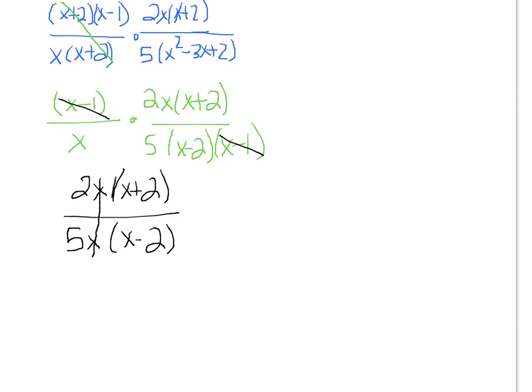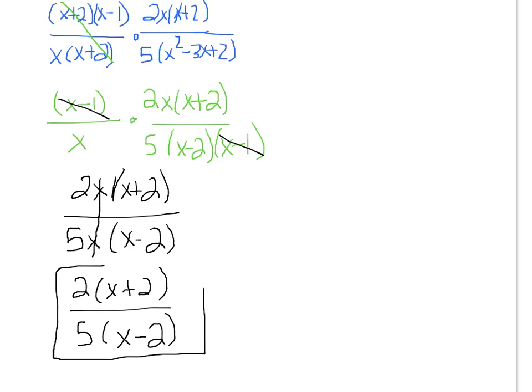So when we cancel those out, you have 2 times x plus 2 over 5 times x minus 2. So there's your final answer here. Leave it factored. Okay? So we have to factor and then cancel like terms.